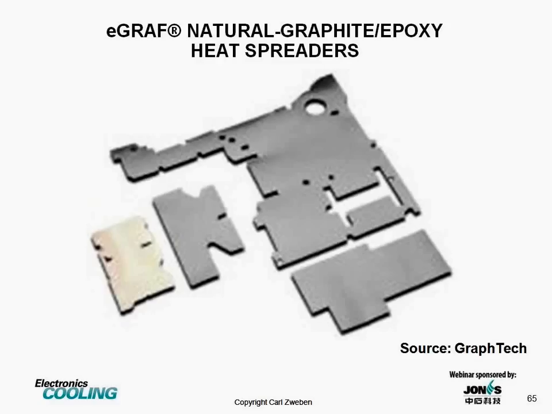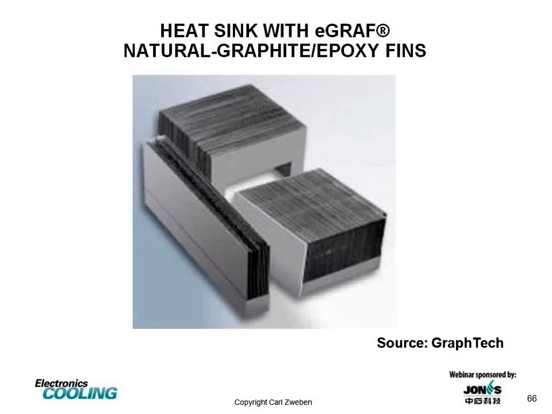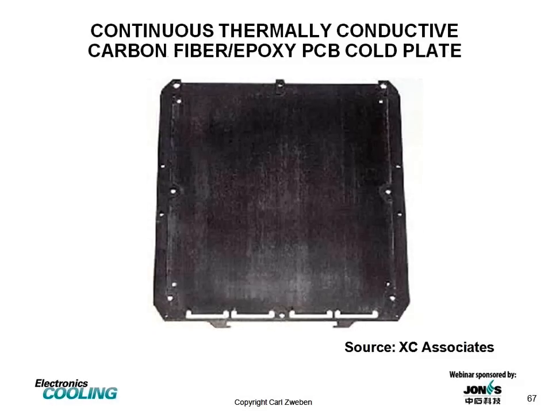This is a composite material consisting of natural graphite particles bonded together with an epoxy matrix to form rigid plates. And here we have natural graphite epoxy plate fin heat sinks, which have a big advantage in weight compared to copper fins.